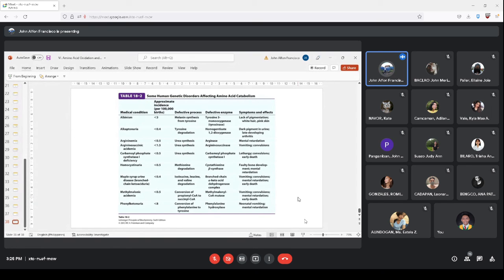One of the treatments, as discussed earlier, is control of diet, or you can take specific drugs to help retain the amino acid present. Questions? I think that ends our discussion for amino acid oxidation. Do you have any questions?